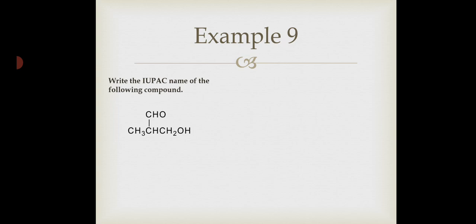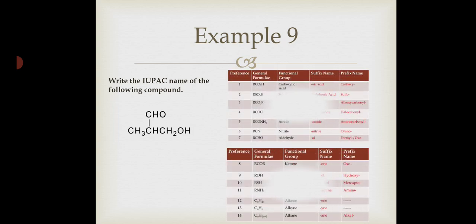Now example 9. Write the IUPAC name of the following compound. See, there are 2 functional groups, alcohol and aldehyde. Who gets preference? Again, the priority table and the trick. Come, sit, eat, apple, almond, naka, tea, and announce, all applaud.